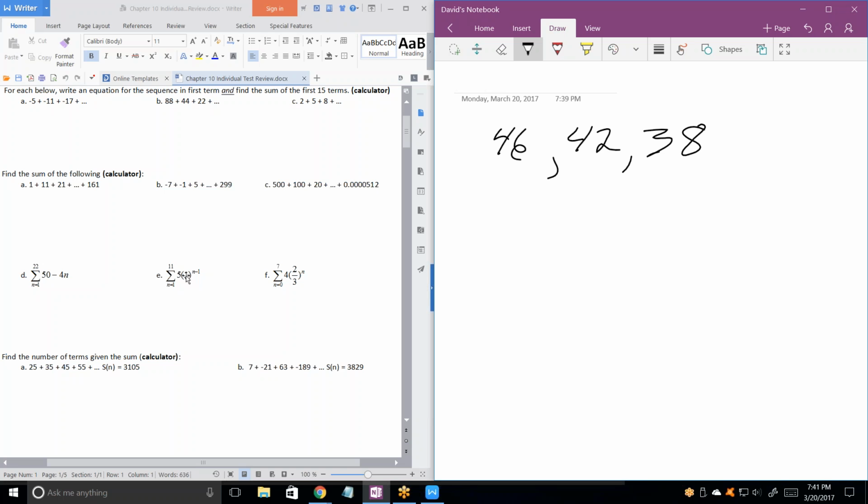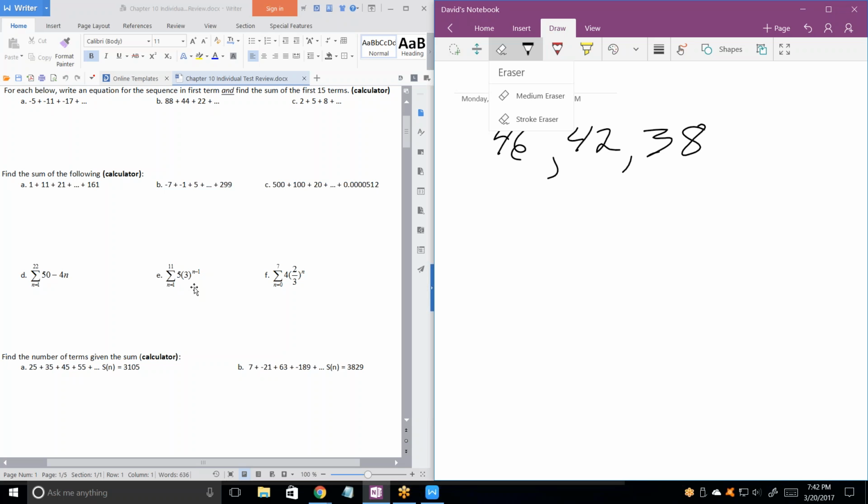Because if R is greater than 1 and you have an infinite series, then the sum is infinity, and there's no point in even talking about the series. So for an infinite series to be even worthy of discussion, it has to have an R less than 1, and that's why I prefer to use 1 minus R rather than R minus 1. Okay. All right, let's go back to D.